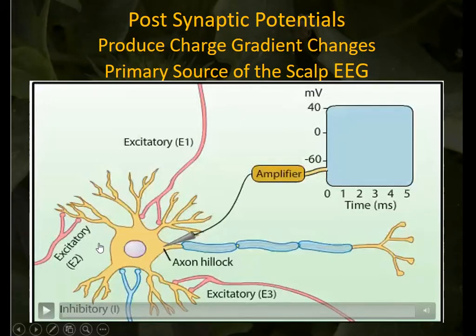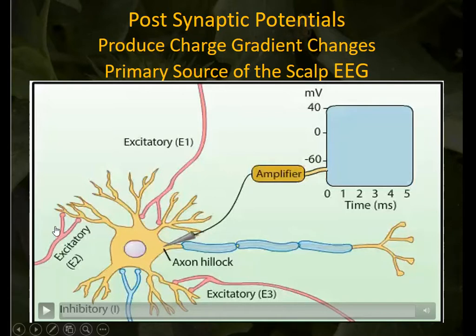Now, this is a little example of how this electrical activity is produced. These electrical differences are produced. Keep in mind that this is again a pyramidal neuron. Here's the axon, multiple axon branches. Here are the dendrites.